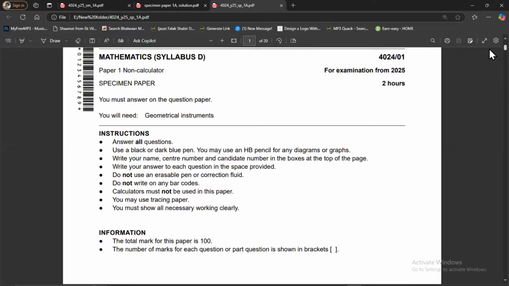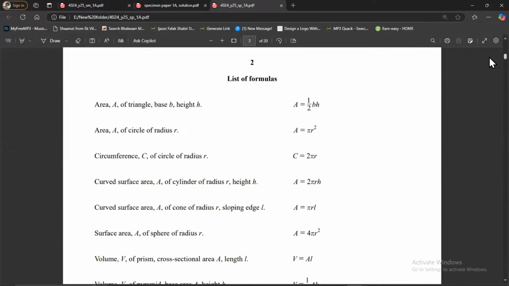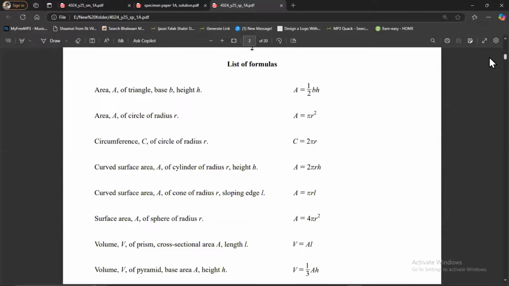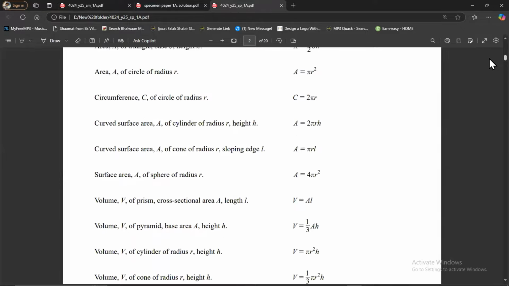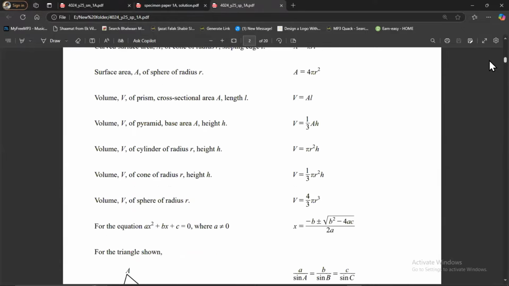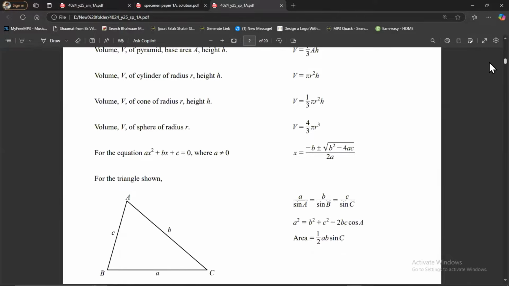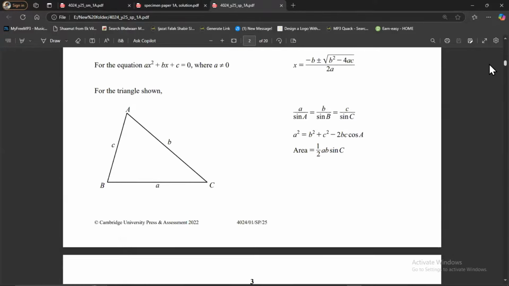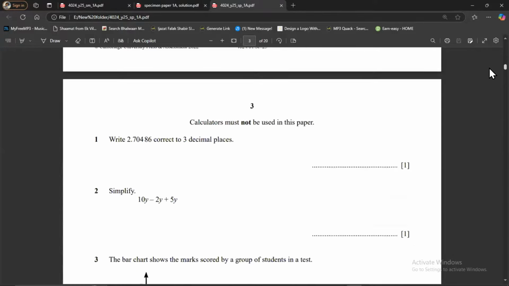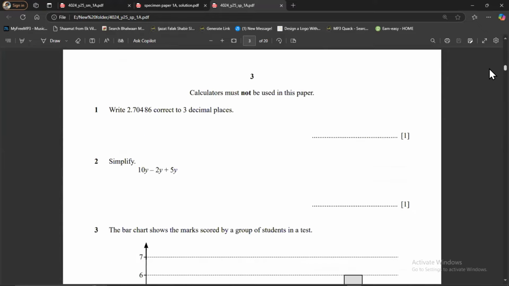The calculator is not allowed in this paper. A formula list is also given with it, and you can have a look at the formula sheet. These are all the formulae which will be given.